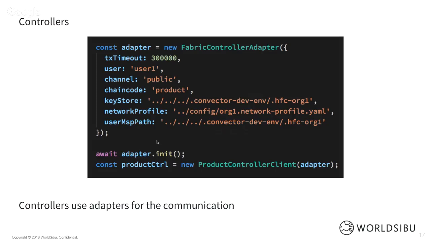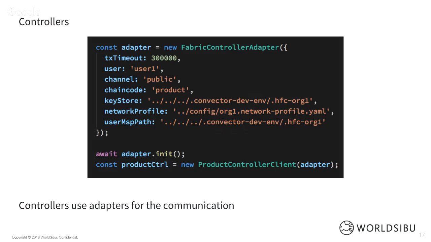Just to give you an example, a couple of months ago, we needed an application to store some information in Fabric, but at the same time store some of the information in a MongoDB database. So what we did on that occasion was create a MongoDB adapter, and we were invoking the controllers using both of the adapters.